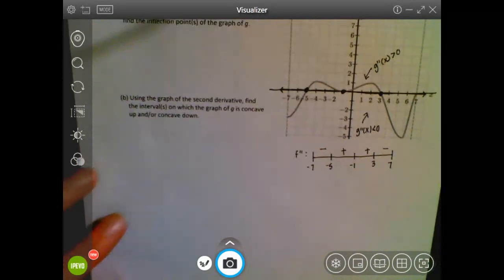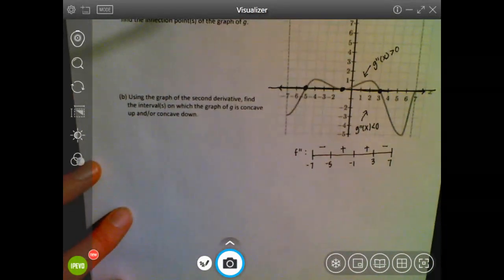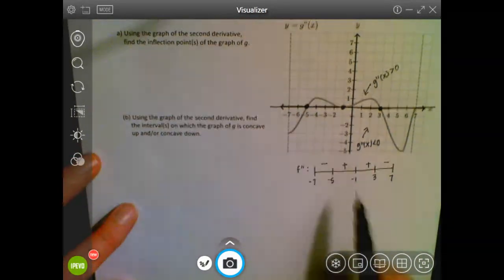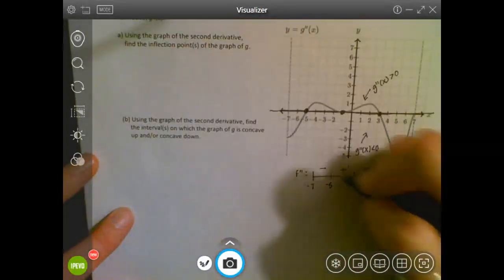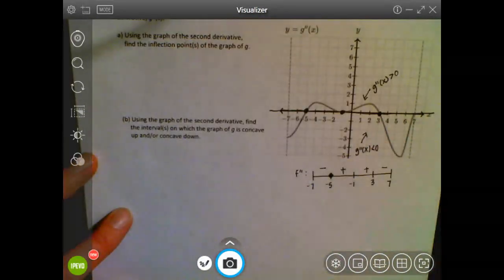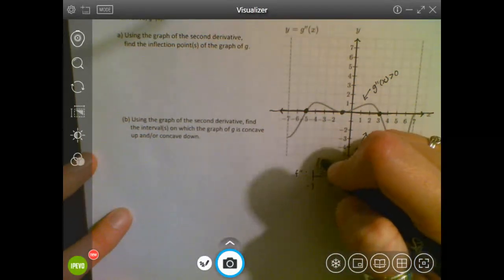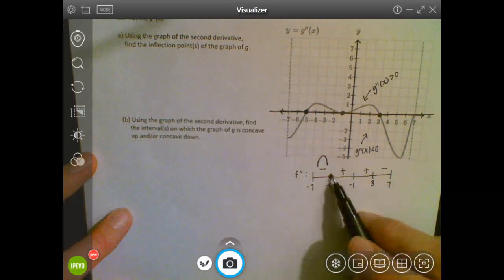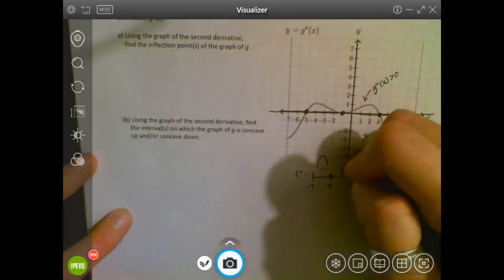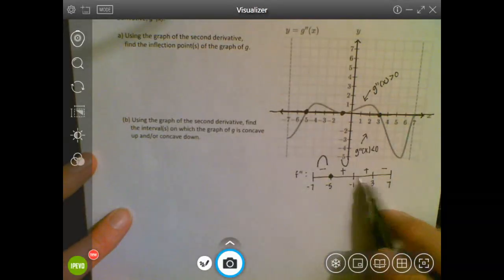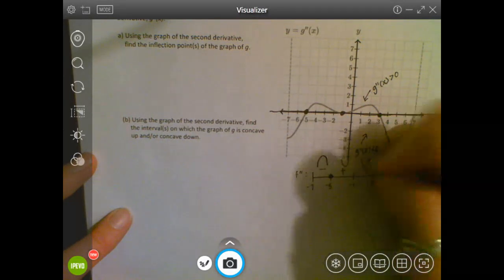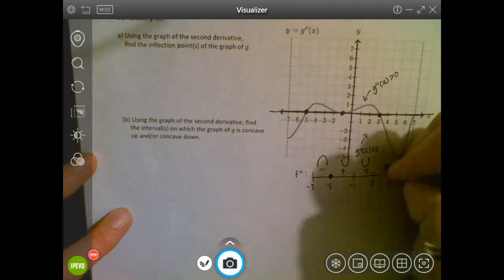So this is telling us that our graph of G, the original graph, would have inflection points in two places, because from -7 to -5, we are concave down. From -5 to -1, we're concave up. From -1 to 3, we're also concave up. From 3 to 7, we're concave down.